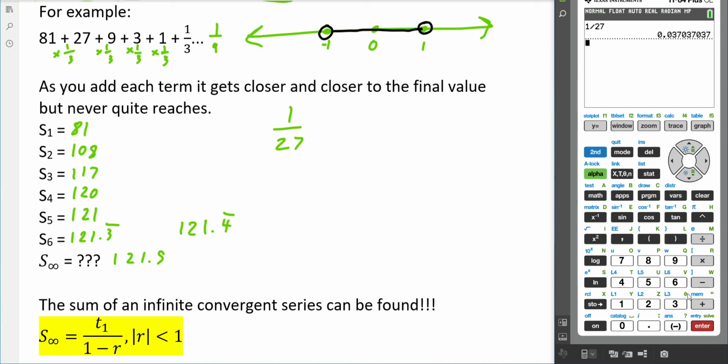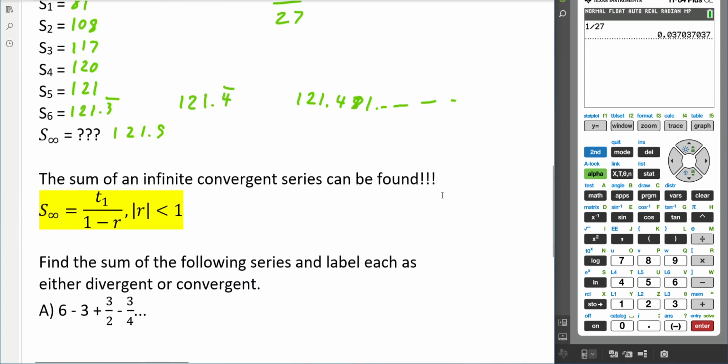The next term is going to be something like this. It's getting closer and closer to that 0.5. So I'm going to just guess that based off of what we have here.